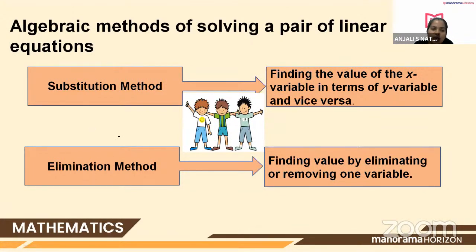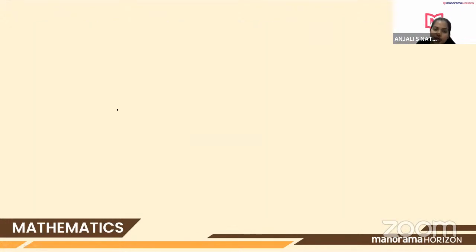Okay. Substitution, as its name says, we just substitute a value into the other. That is, we consider a plus b is equal to 5 and a plus 3 is equal to b. We have two equations. Then we have to find a or b from one of the equations. From the first we can find a is equal to 5 minus b and substitute this a into the second equation.